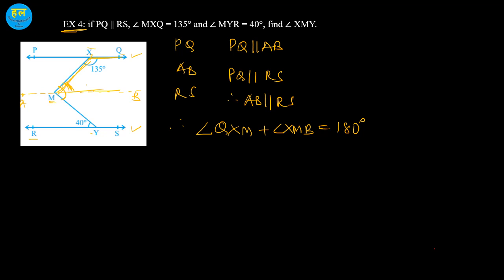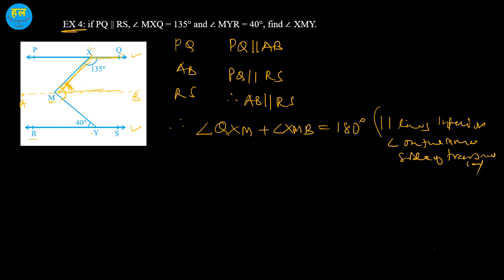Why? Because for parallel lines, interior angles on the same side of a transversal make 180 degrees.